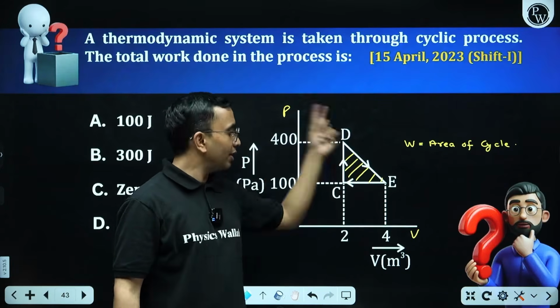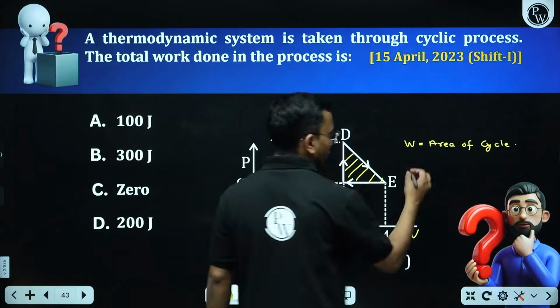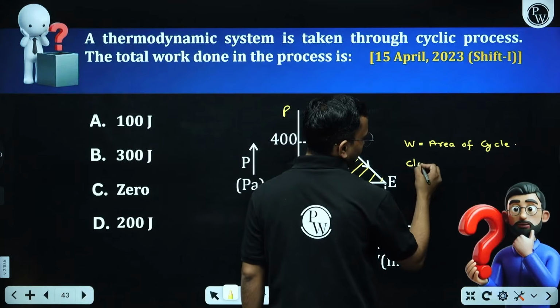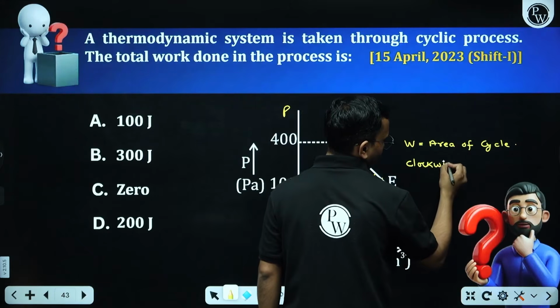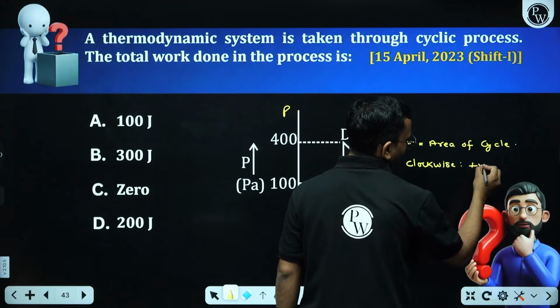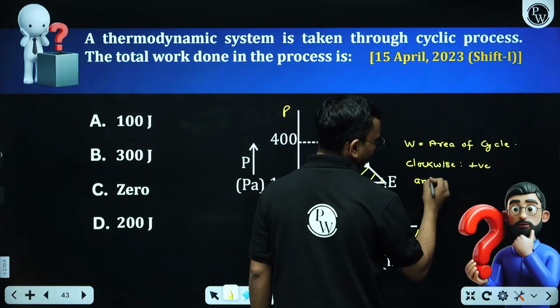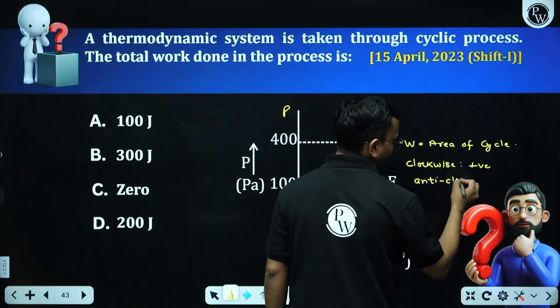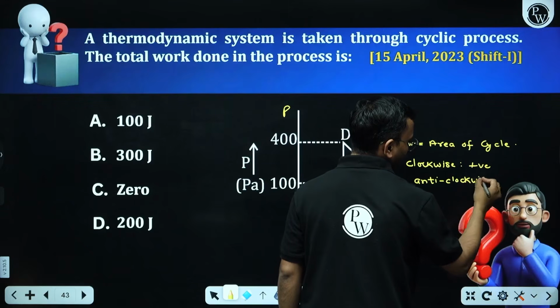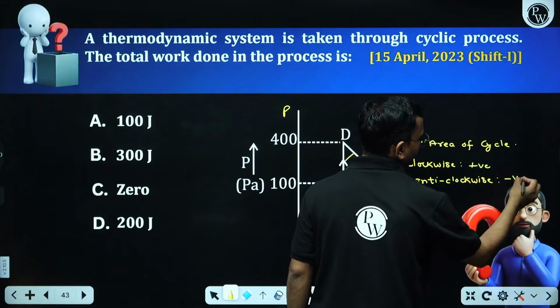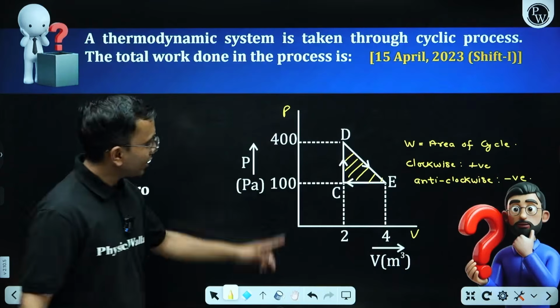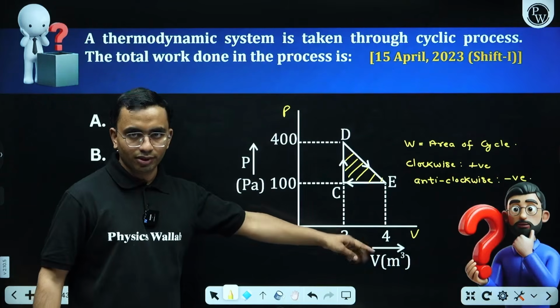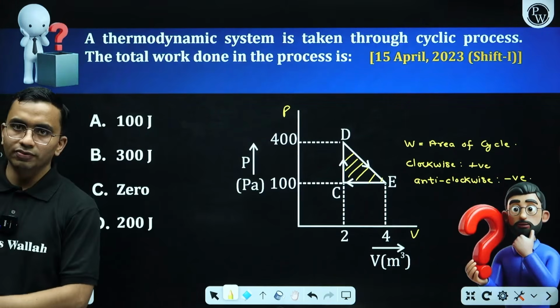If this is anti-clockwise, work done will be negative. I'm considering P here and V here. If you reverse that, that will be different.